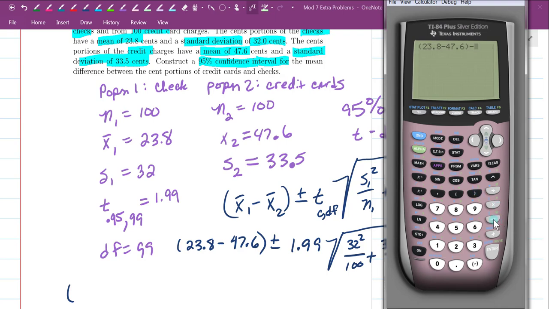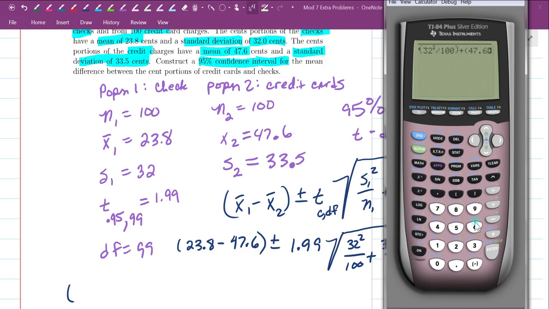So now we're going to go subtract 1.99 multiplied by our square root. Open parentheses and go 32 squared divided by 100. Close parentheses, plus open parentheses, and that's going to be 47.6.